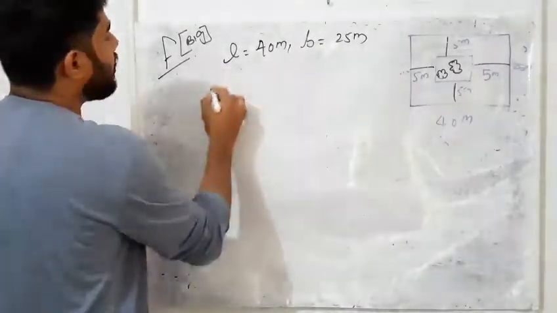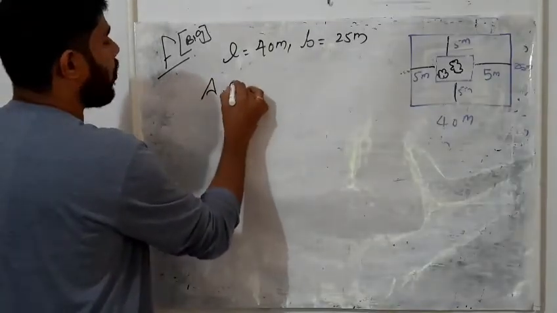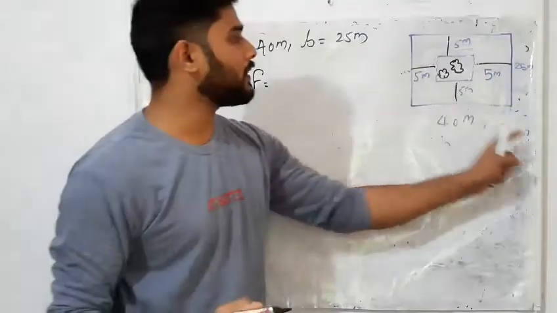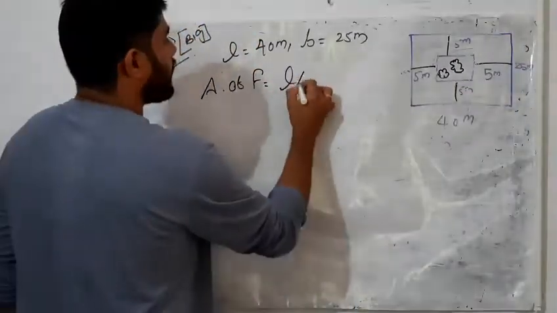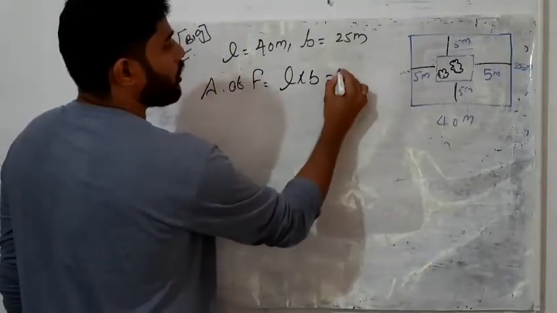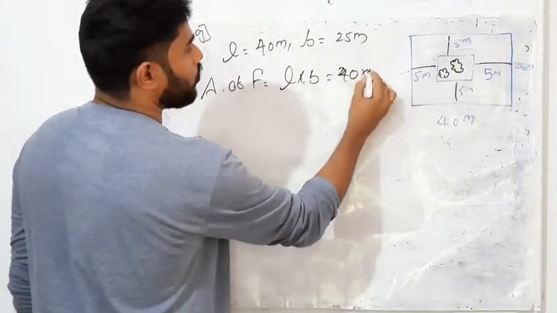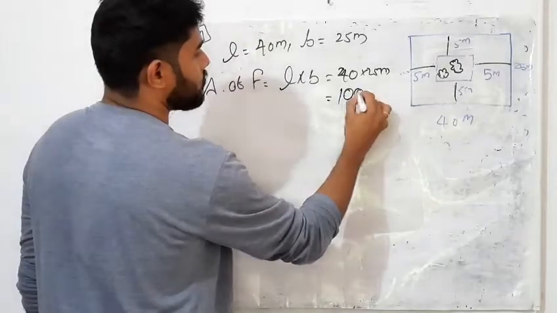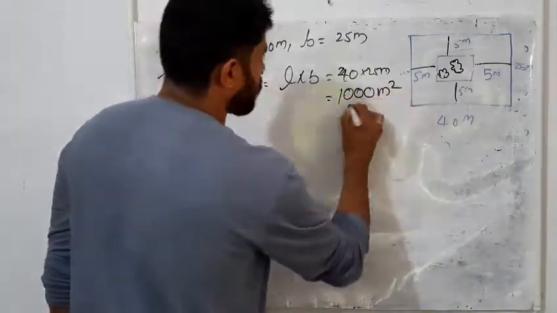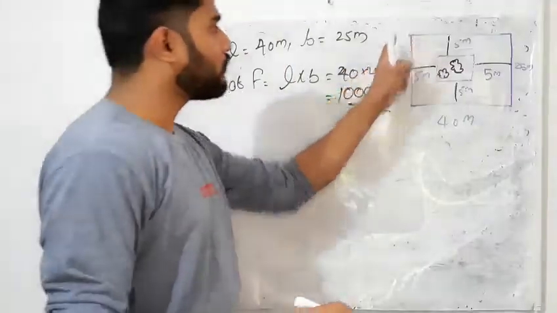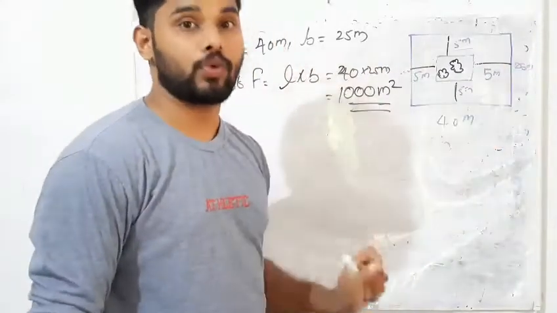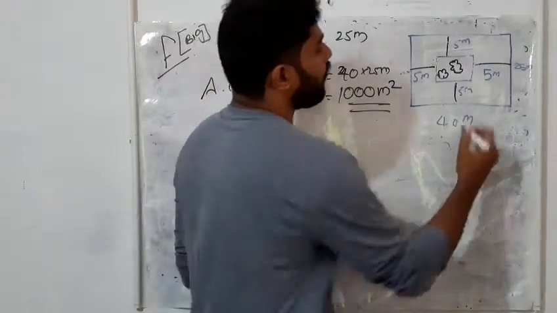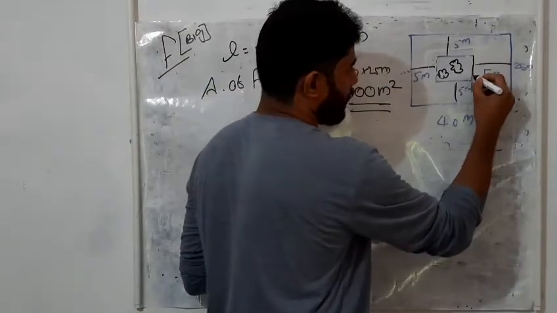So the area of this big rectangle is length into breadth, 40 meter into 25 meter, which is 1000 meter square. Now you can see the small flower bed is there.